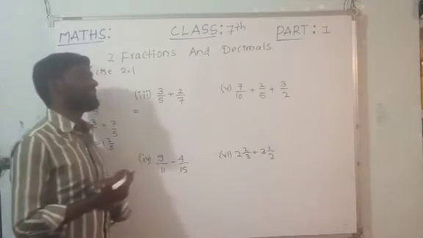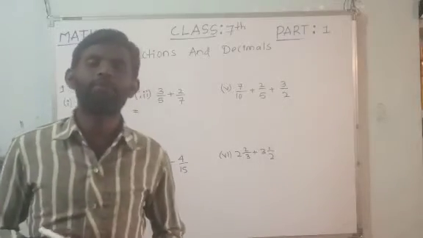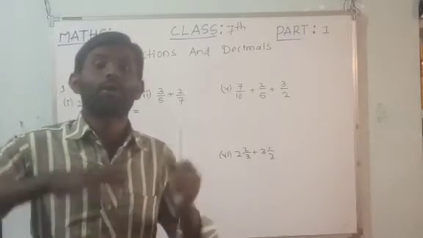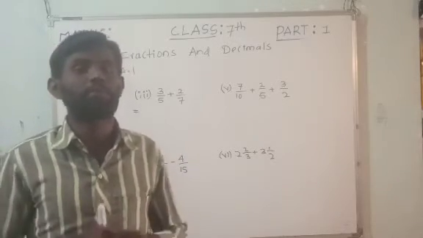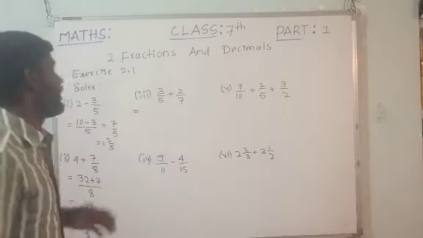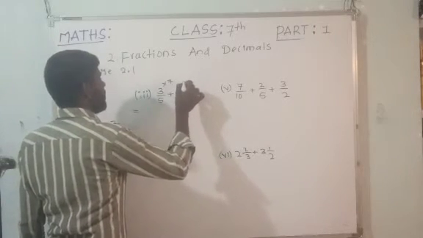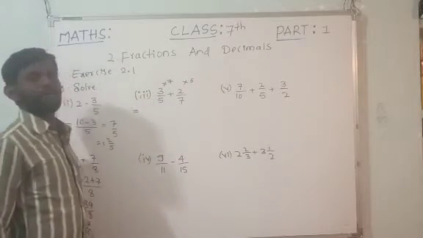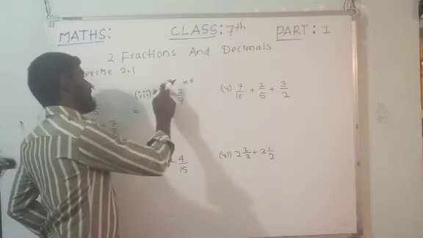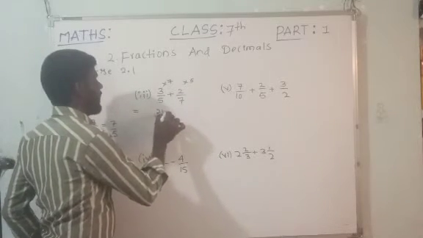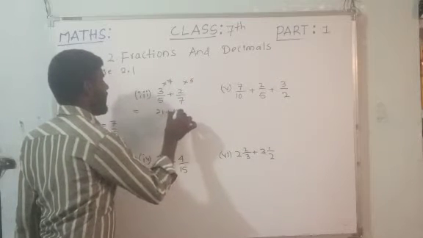Let us see example 3. Here 5 and 7, different denominators are there. 5 and 7 are called co-prime numbers. For co-prime numbers, the LCM is always the product of the numbers. So you have to multiply the 7 here and 5 here, because the LCM between 5 and 7 is 35. 3 sevens are 21 plus 2 5s are 10.